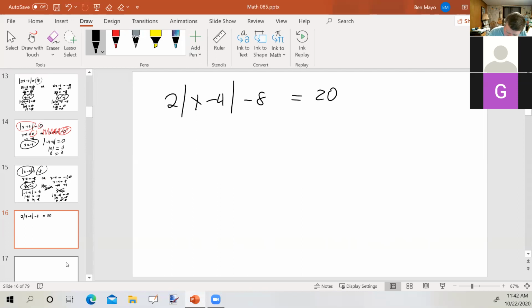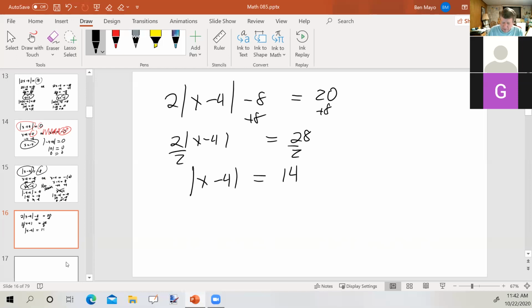So my first moves are going to be to add 8 to both sides. Then divide both sides by 2. Now I've got my absolute value equal to a positive number. So I'm going to get x minus 4 equals 14, or x minus 4 equals the opposite of 14, or -14. Any questions so far?